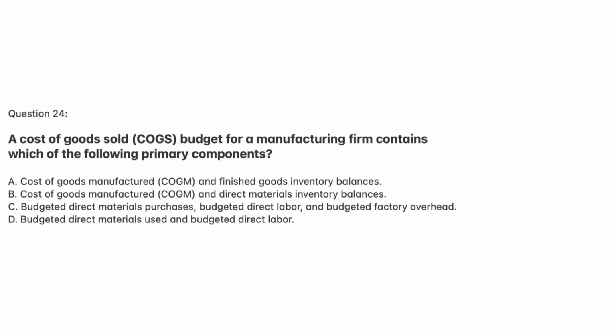Question 24. A cost of goods sold, COGS, budget for a manufacturing firm contains which of the following primary components? A. Cost of goods manufactured, COGM, and finished goods inventory balances. B. Cost of goods manufactured, COGM, and direct materials inventory balances. C. Budgeted direct materials purchases, budgeted direct labor, and budgeted factory overhead. D. Budgeted direct materials used and budgeted direct labor.